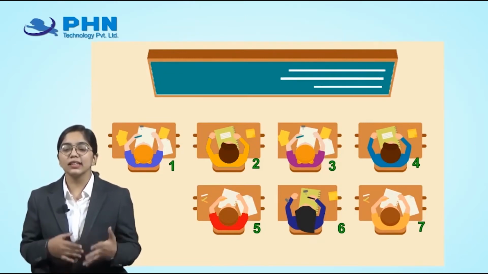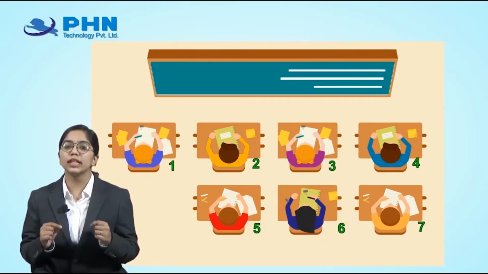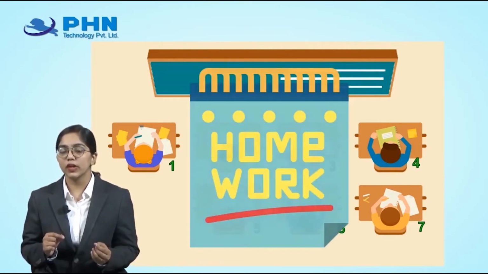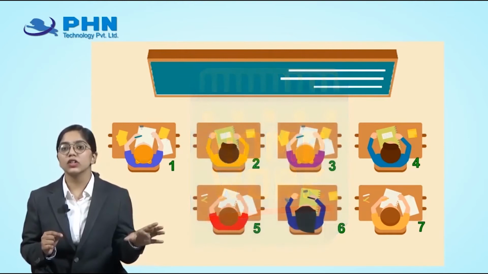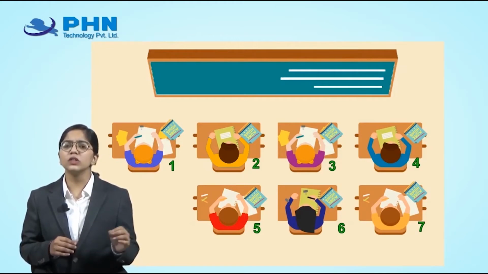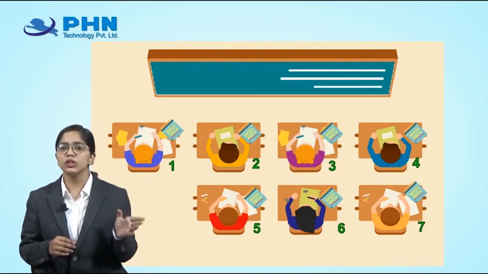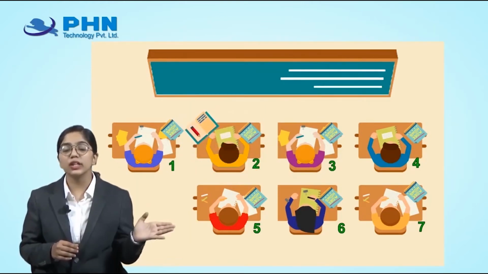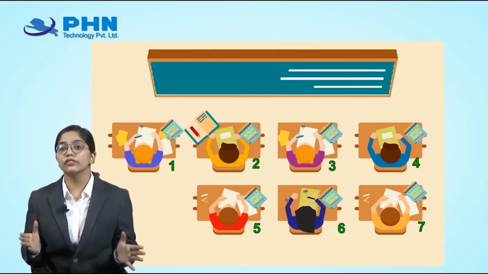Now let's just understand this more with little more example, okay. Now if I give a homework to the entire class, so the entire class here has to do the homework, right? But if I allot this particular student, that is the roll number 2, a particular task, will the entire class do it? No. This is what the difference is.